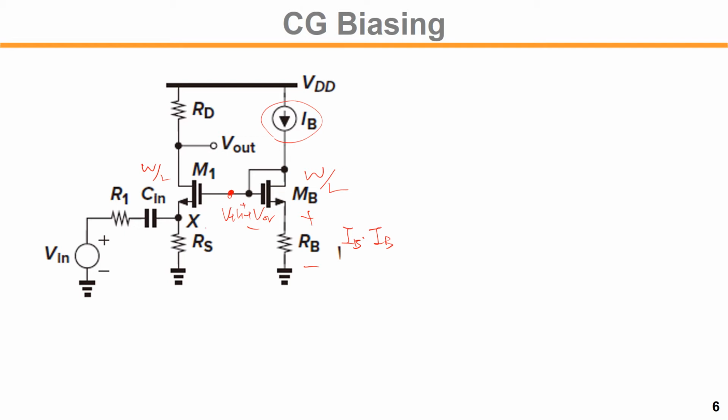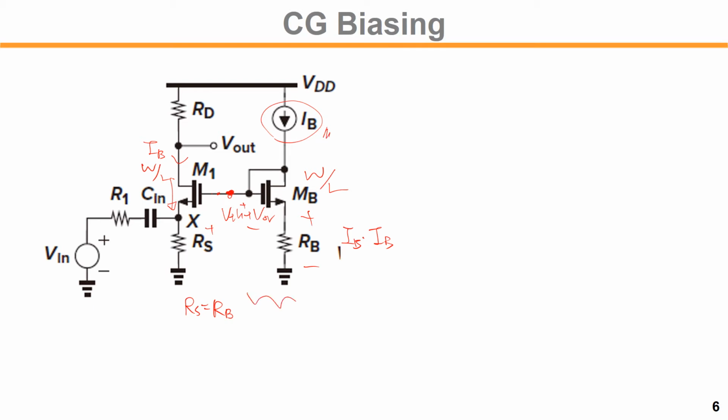If RB and RS are the same, with the same size and same gate voltage, that will create a similar current by having RS equal to RB, right? So the same current will flow through RB. So this is a kind of biasing based on RS, RB, IB and device size.